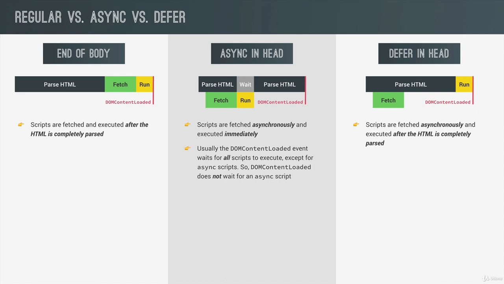So usually DOM content loaded waits for all scripts to execute, but scripts loaded with async are an exception. So with async, DOM content loaded is fired off as soon as the HTML finishes parsing. And this might actually happen when a big script takes a long time to load, like in this example.